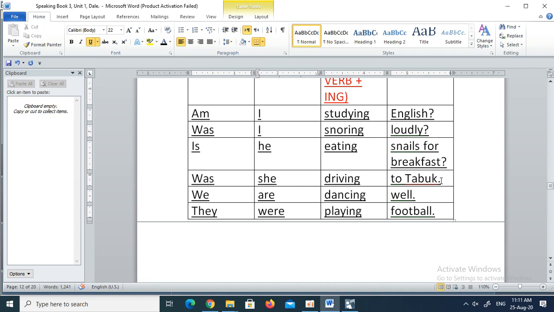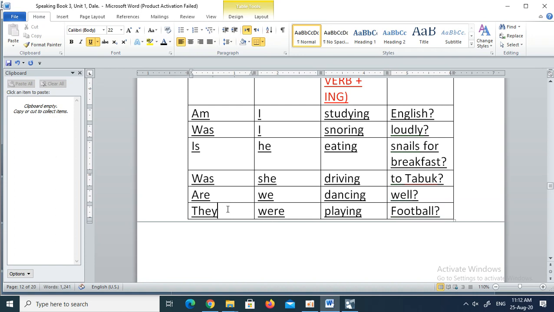And again, you change the full stop to a question mark. We are dancing well. Are we dancing well? You're not sure? Again, the statement becomes a question, so we have to have a question mark at the end.